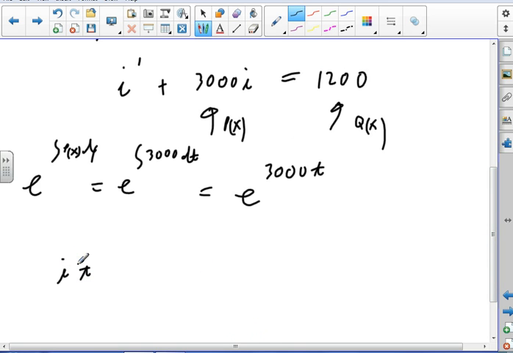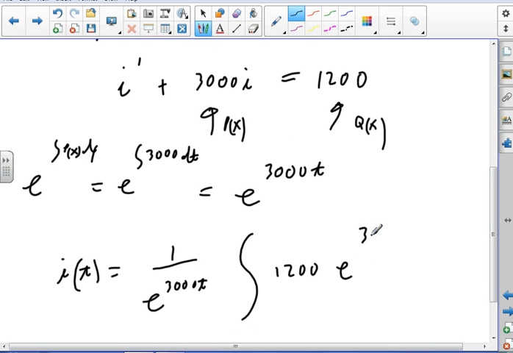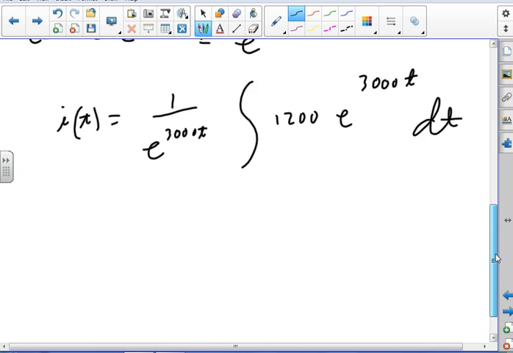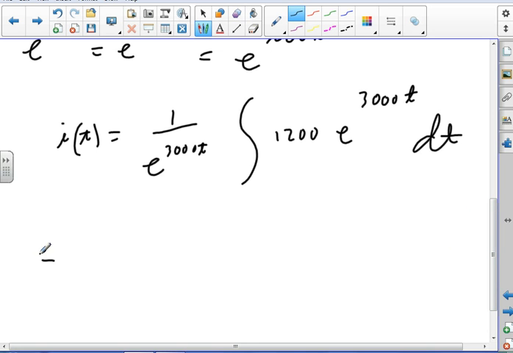I at t equals 1 divided by e to the 3,000 t, integral 1200 e to the 3,000 t dt, e to the minus 3,000 t.